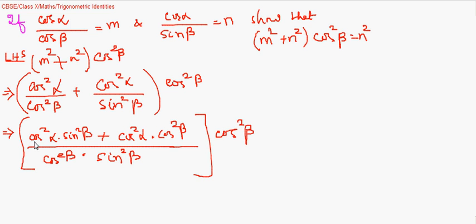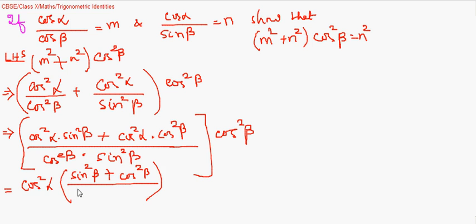Now if you see, I can take cos square alpha common. So cos square alpha, if taken common, will be left with sin square beta plus cos square beta, by cos square beta sin square beta.